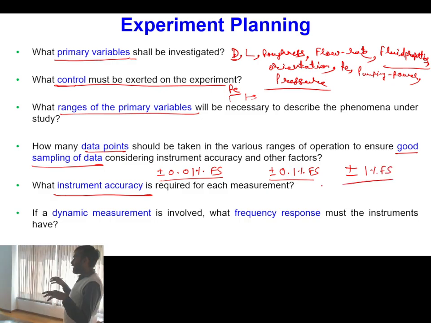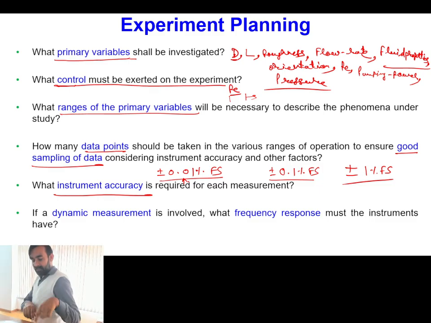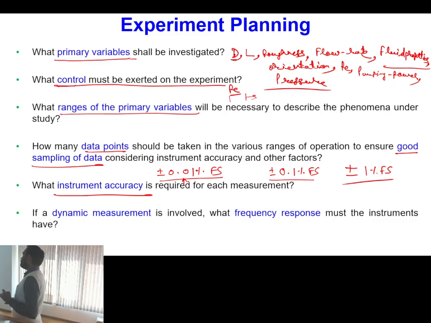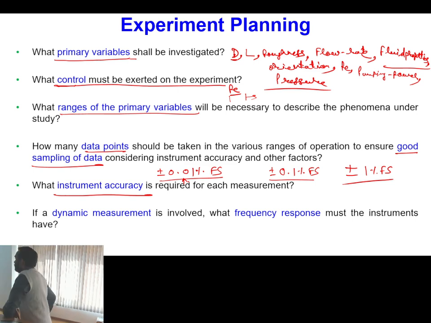Now, it may happen that you will choose the one with accuracy of 0.01%. But it may so happen that ultimately this equipment is very precise, but the other measured quantity or other equipment does not have that good uncertainty, and this variable is contributing least to the uncertainty of the final outcome.